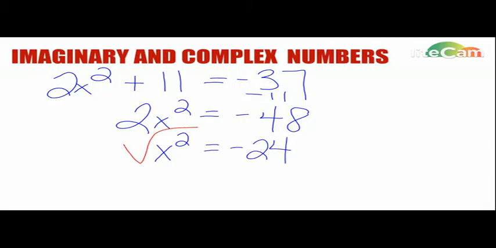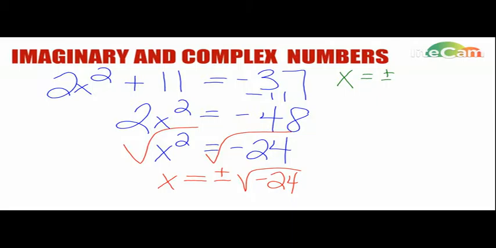If I square root both sides, like we've done before, then I'll have x equal plus or minus the square root of negative 24. I need to simplify that, and I also need to make it an i for an imaginary number. So I'm going to split up the negative 1 and the 24.